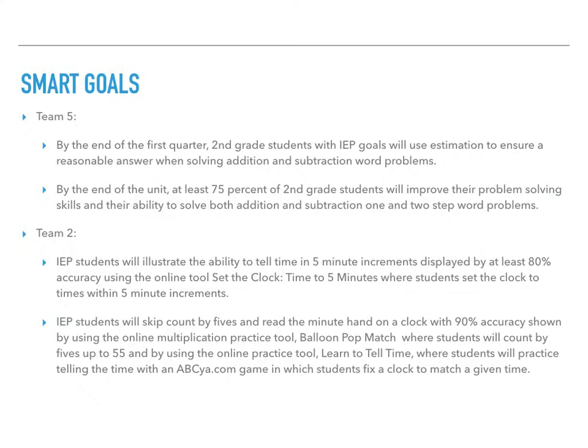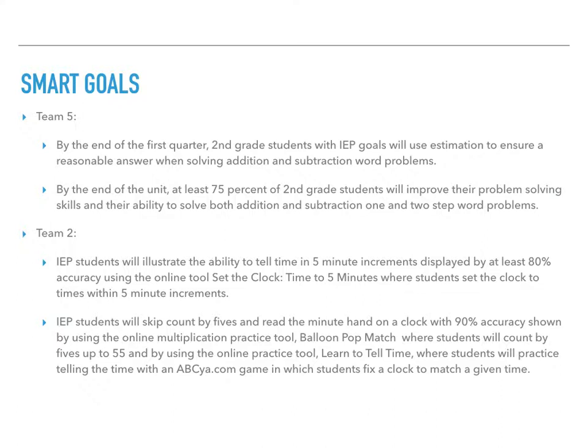Carol Ann chose: IEP students will illustrate the ability to tell time in 5-minute increments displayed by at least 80% accuracy using the online tool Set the Clock Time to 5 minutes, where students set the clock times within 5-minute increments.